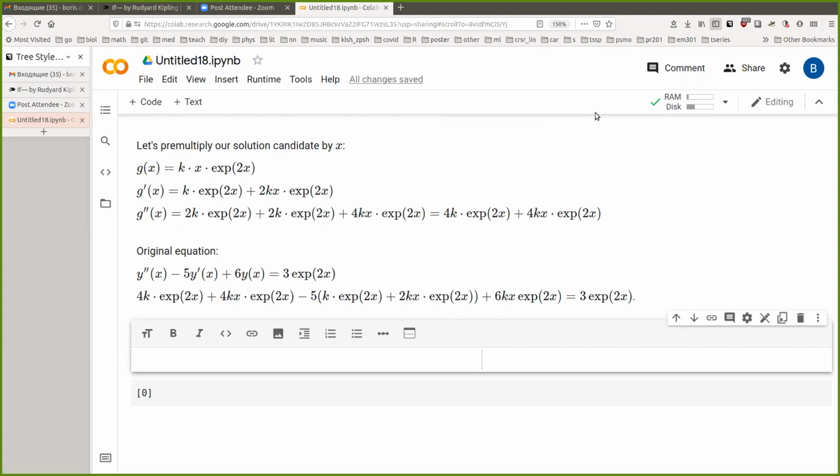Just if you are working. It will be minus k plus 20kx equal to 3.